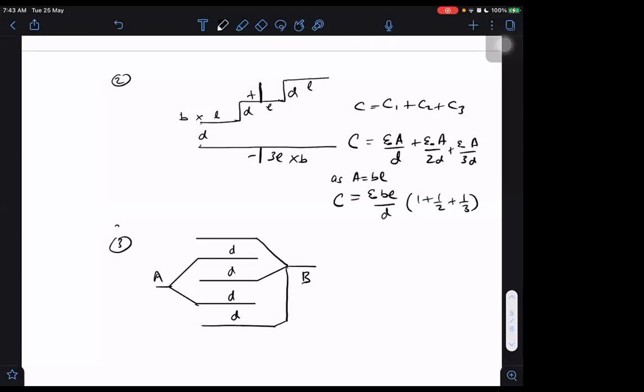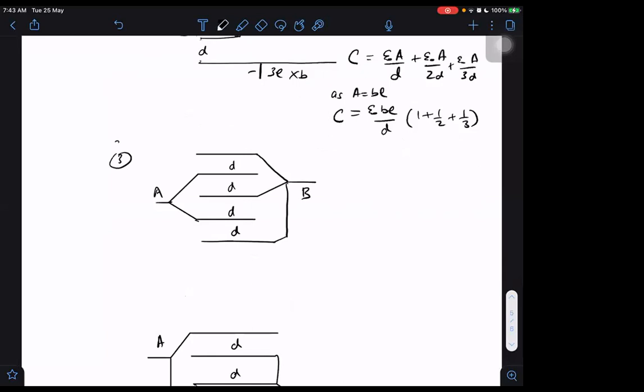That is the answer. That comes out to 11 by 6, so 11 epsilon naught B L by 6D.